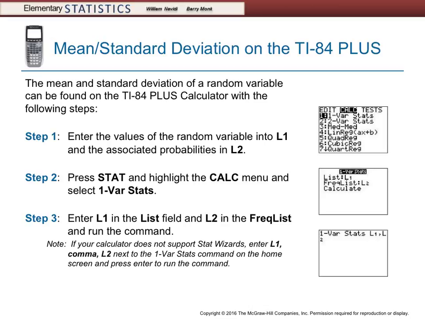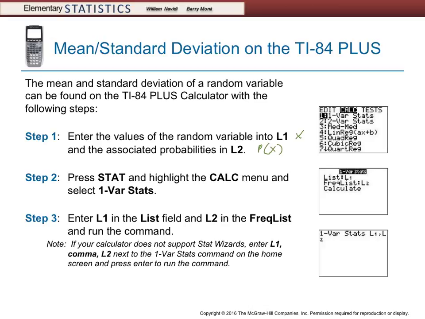So essentially, we use the calculator to find the mean and standard deviation of a random variable. It's very easy to do. Step 1 is we enter the values of the random variable into L1 and the associated probabilities into L2. So L1 is x as usual, and L2 is going to be P of x, no longer your frequencies.